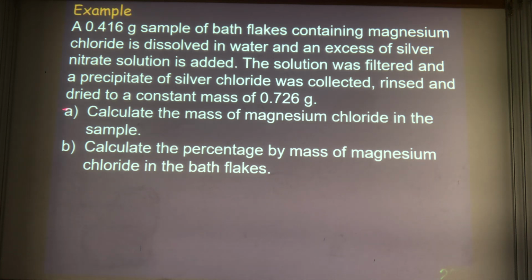So part A is just the basic mass stoichiometry steps like we've just done.